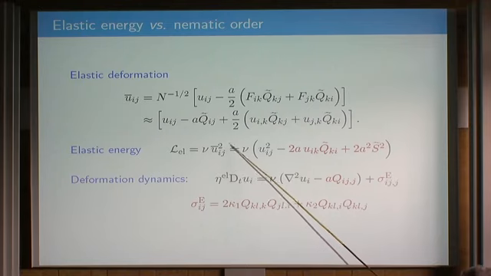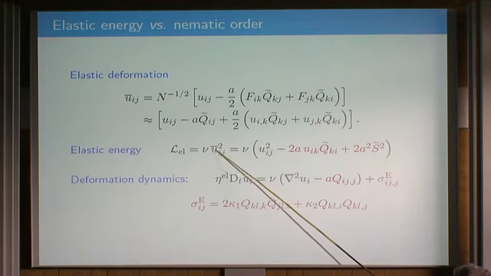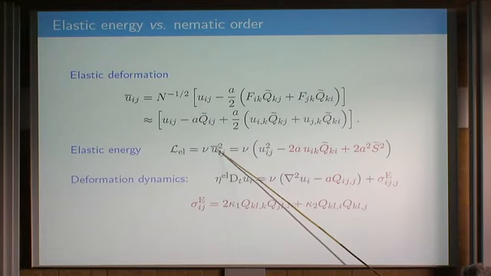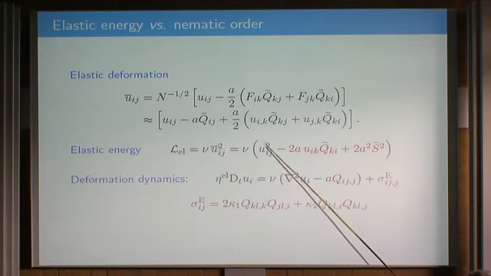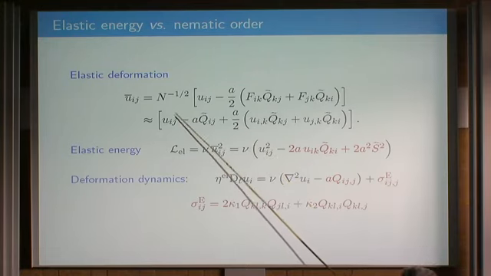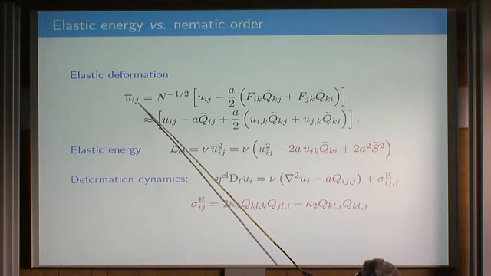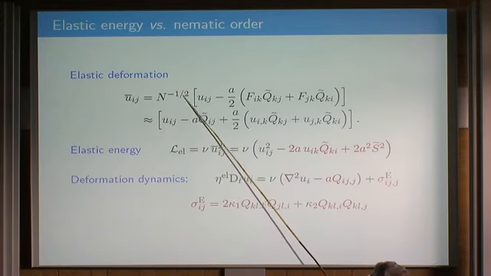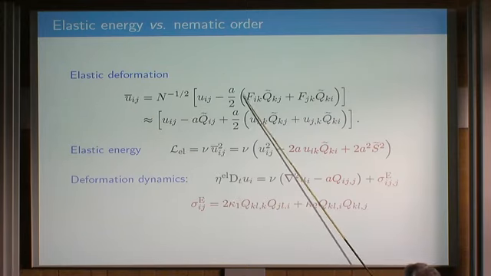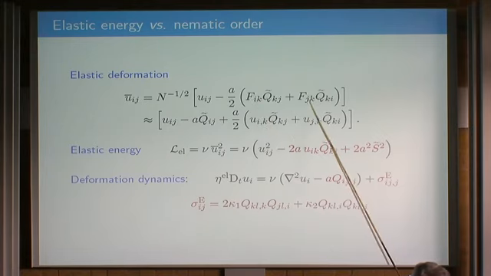So the elastic energy, you see it here. Without intrinsic deformation, it would be just a deformation tensor. But with this, we have to express the elastic part through the observed deformation. And this would involve dependence on the nematic order parameter.